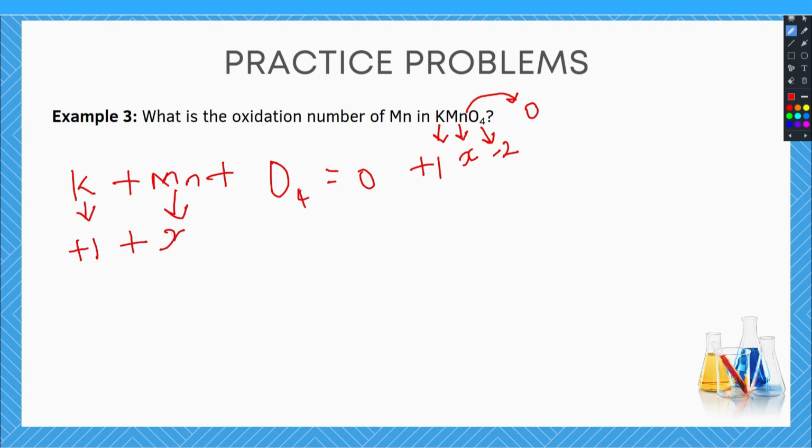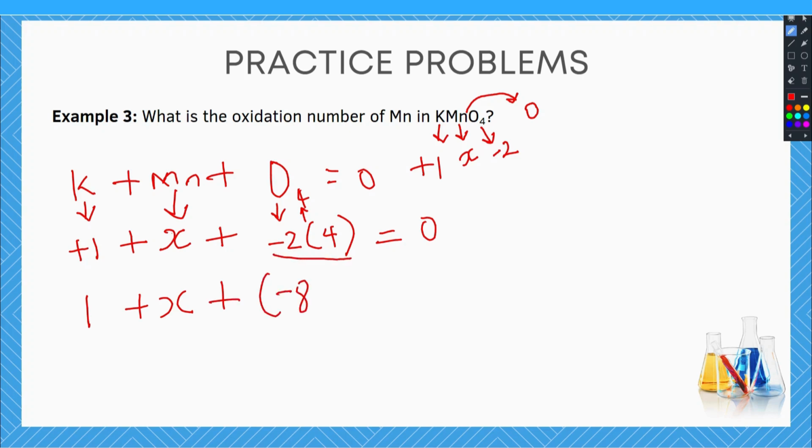Mn is what we don't know, so we named it X. Plus oxygen is what? -2. How many atoms of oxygen do we have? We have 4, so that becomes times 4 equal to 0. So therefore, we have 1 plus X, then plus -2 times 4 gives us -8 equal to 0.